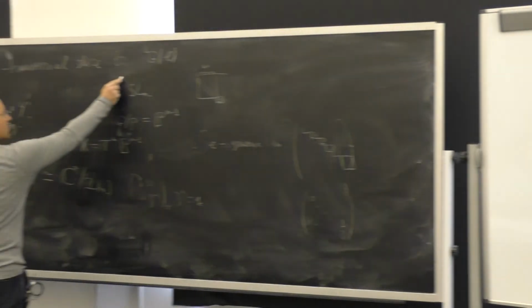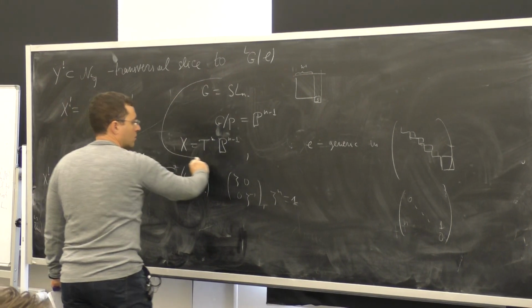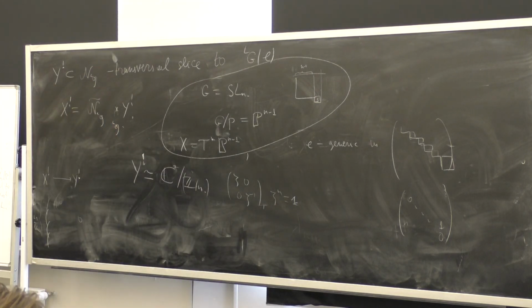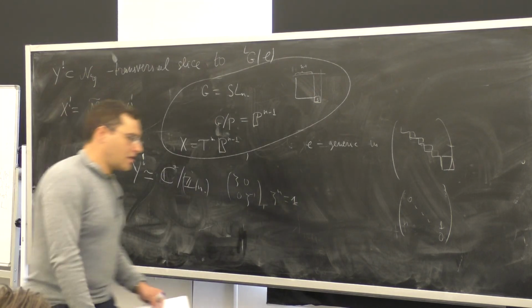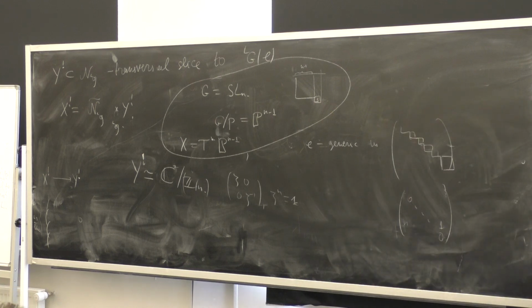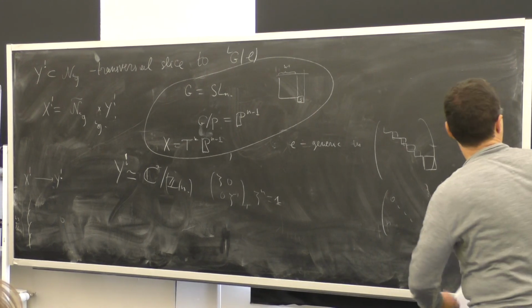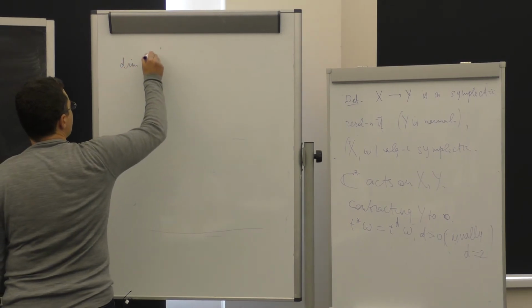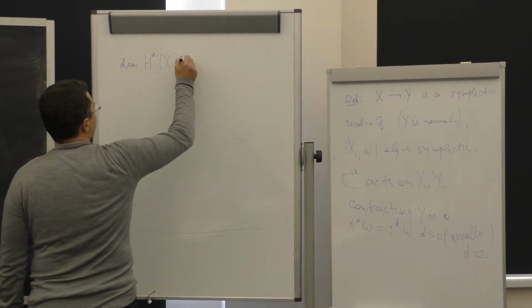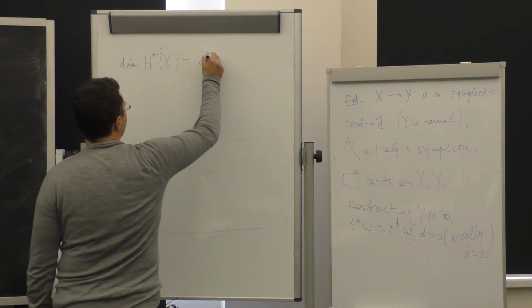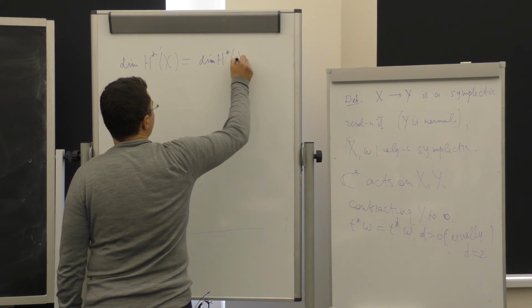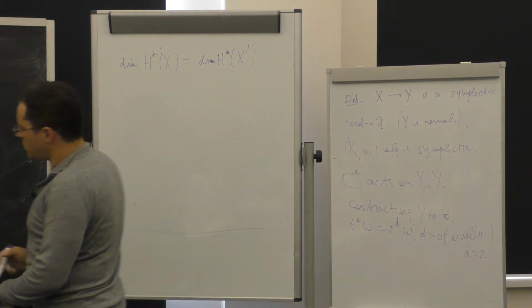So okay. So this was still about this. Okay. Thanks. And okay, so the one sort of which is the dimension of the cohomology of X should be the same as dimension of the cohomology of X shriek, which you can see on this example, right?